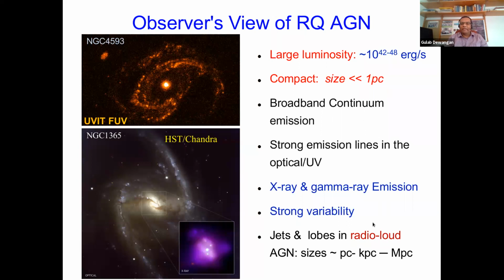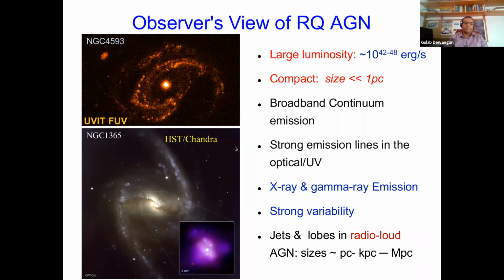Most AGNs are variable at almost all wavelengths, and they vary strongly at shorter wavelengths or high energy radiation in X-rays and gamma rays. A small fraction of AGNs are radio loud. They show jets and lobes, and the sizes of the jets and lobes can be from parsec scale to kiloparsec and megaparsec scale for giant radio galaxies.